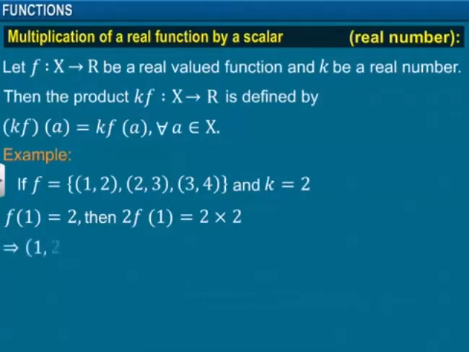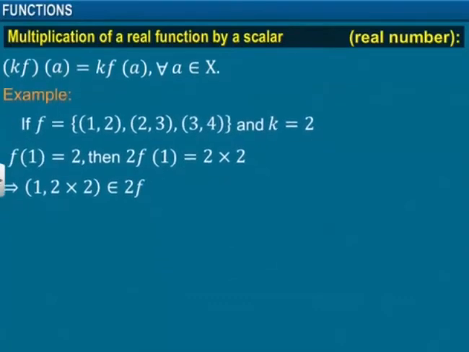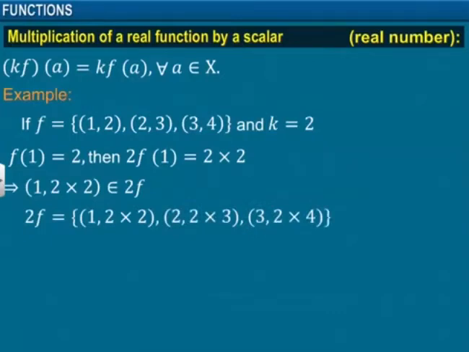Similarly, you can get two more ordered pairs. Hence, set 2f has three ordered pairs: (1, 4), (2, 6), and (3, 8).